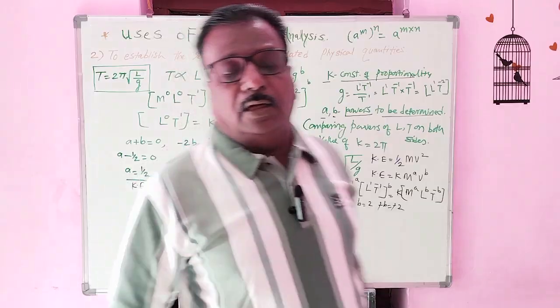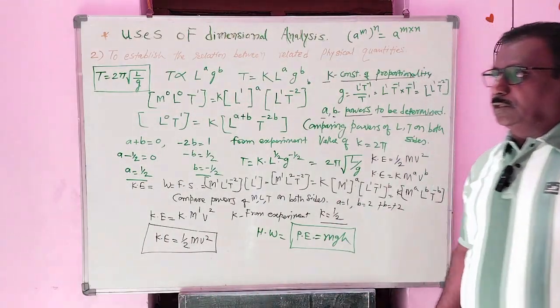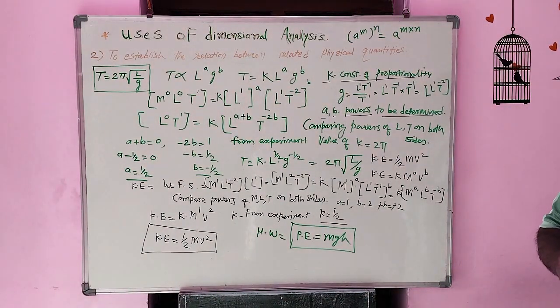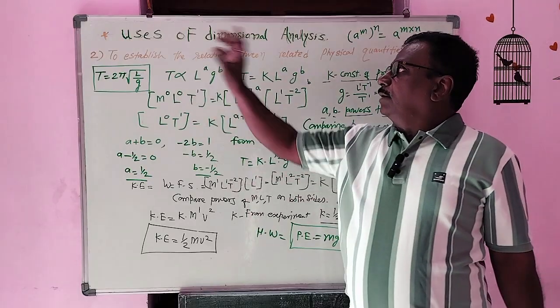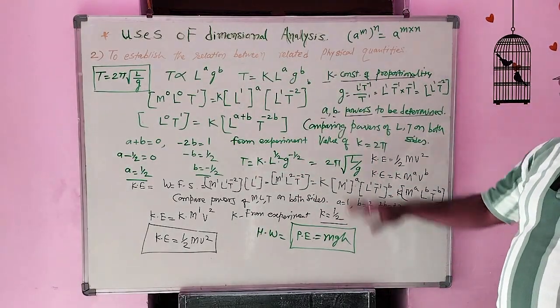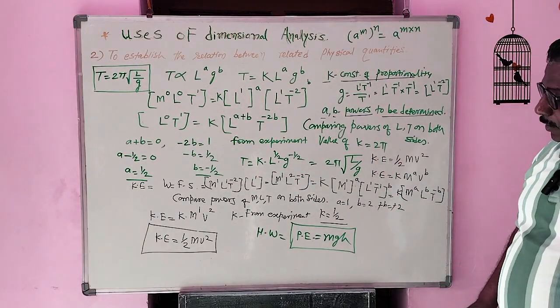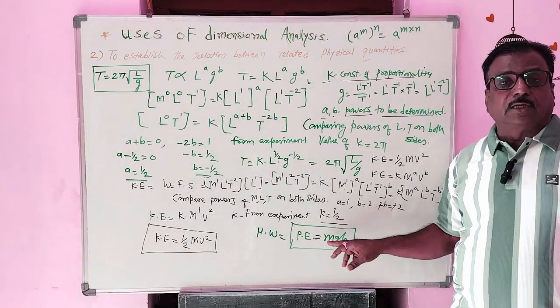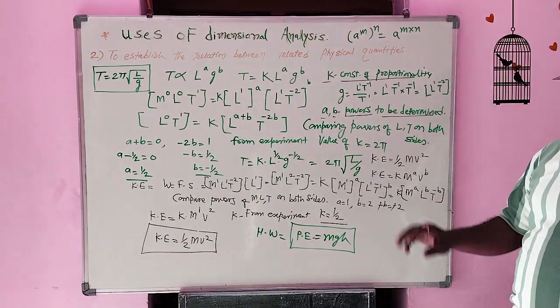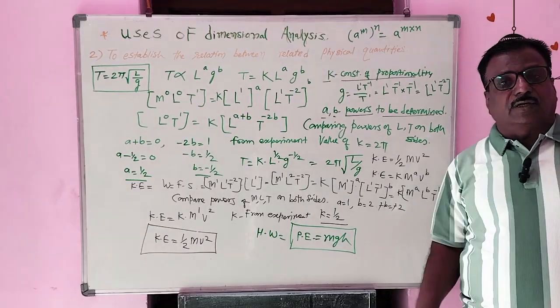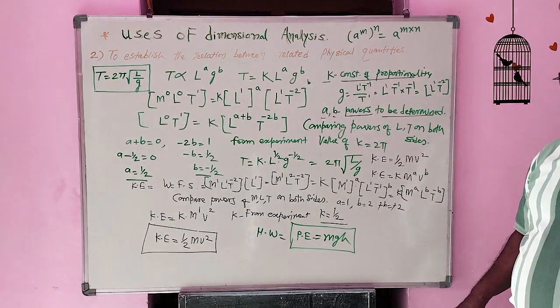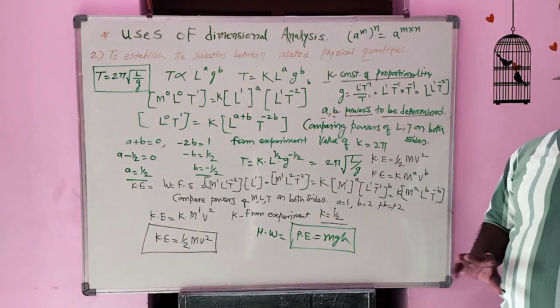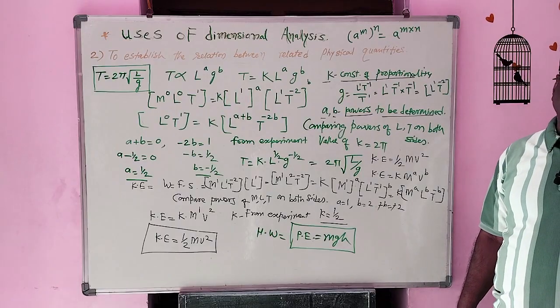This formula can also be proved using the second use of dimensional analysis, that is to establish the relation between related physical quantities or to derive the relation between these three different quantities. Here m is the mass, g is acceleration due to gravity, h is the height. Again this can be proved using dimensional analysis.